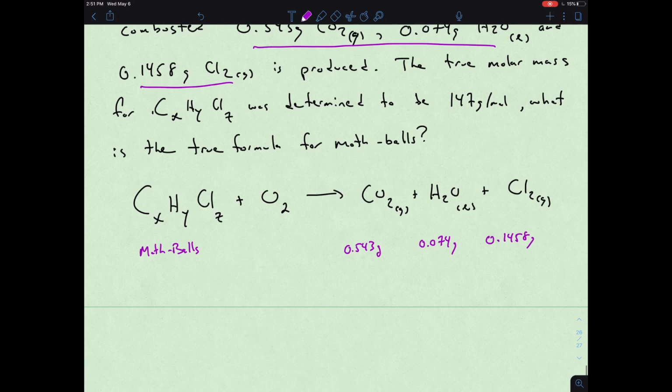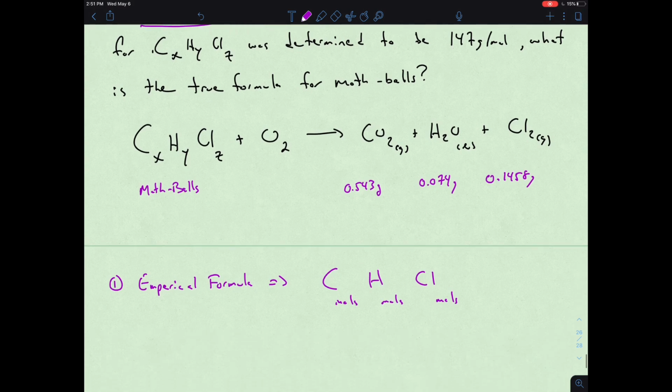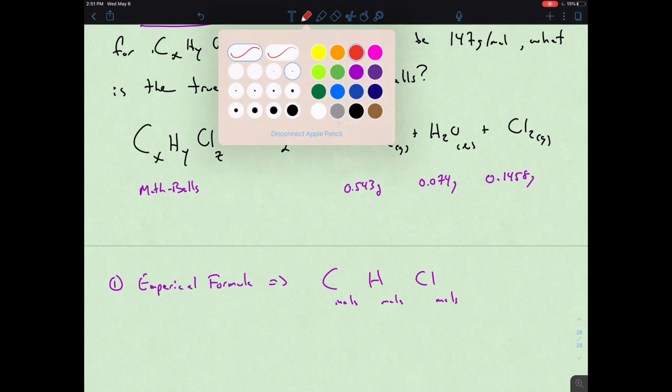So somehow we have to be able to develop that empirical formula in terms of, we've got to be able to determine moles of carbon, moles of hydrogen, and moles of chlorine. But how do we do that now that we have this new representation as far as a chemical reaction is concerned?